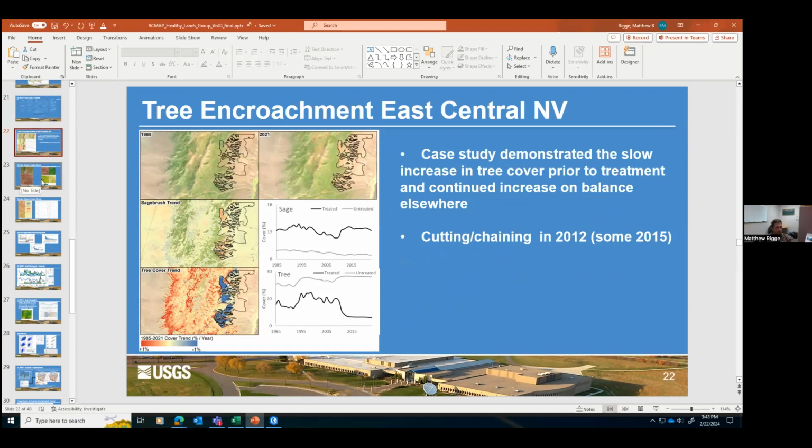It's just a case study of how the data look with regard to a juniper treatment that the BLM did in Nevada. We can clearly see the impact of that treatment on declining tree cover, increasing sage cover over the footprint of that treatment.